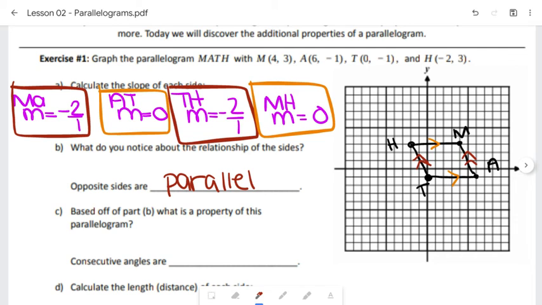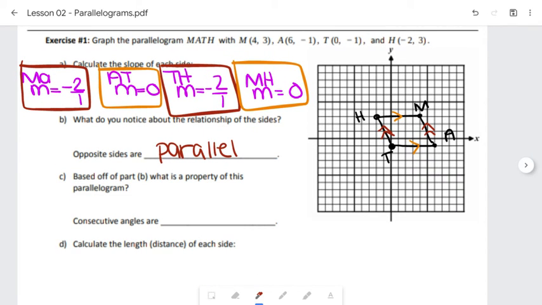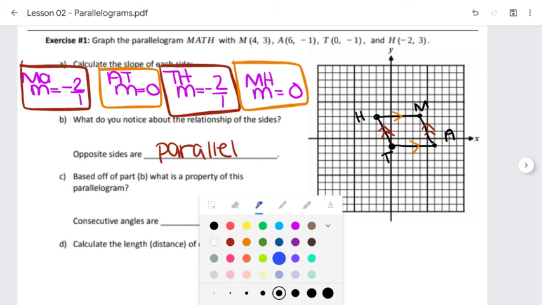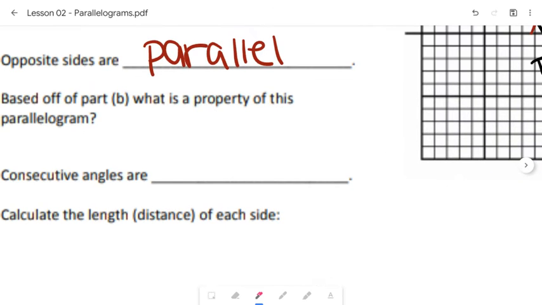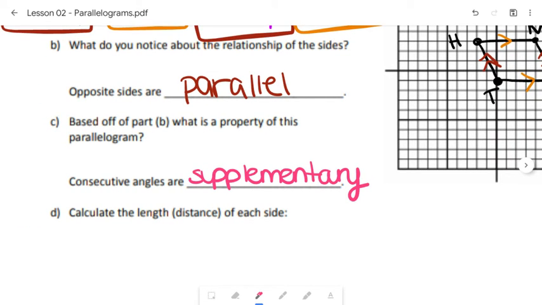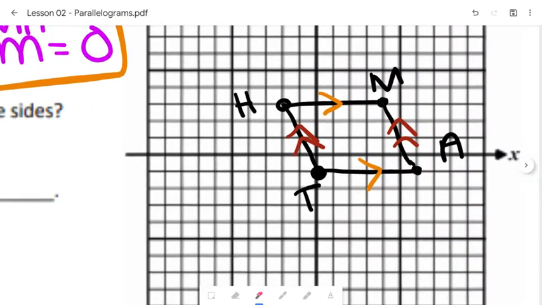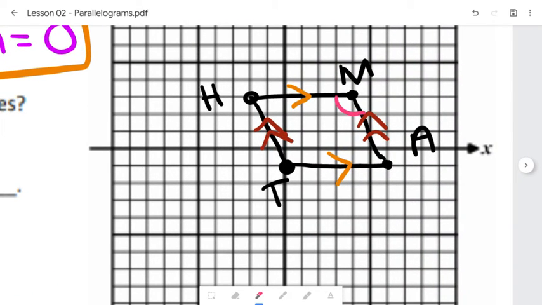Based off this, we also know that the consecutive angles are supplementary. So what I mean by supplementary, we know supplementary is two angles that add to 180. But what I mean by consecutive is one after another. So like if I'm at angle M, the next angle is A, right?